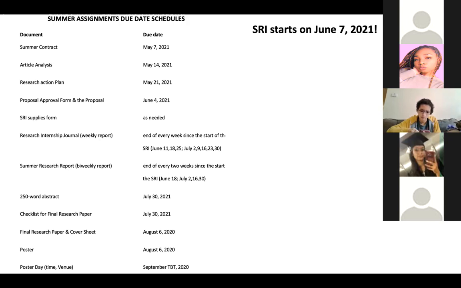So everybody is required, before we start doing research, to do some literature reviews and get familiar with the literature within the topic that they're interested in researching, and based on the project that they have discussed with their mentors. So I want everyone to take one of those papers and read it very carefully and submit an analysis.